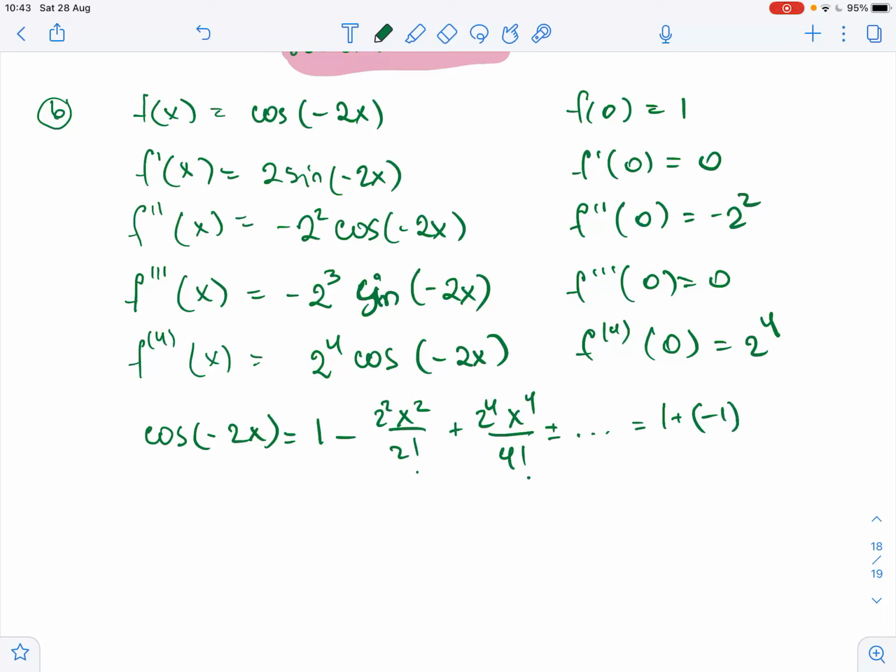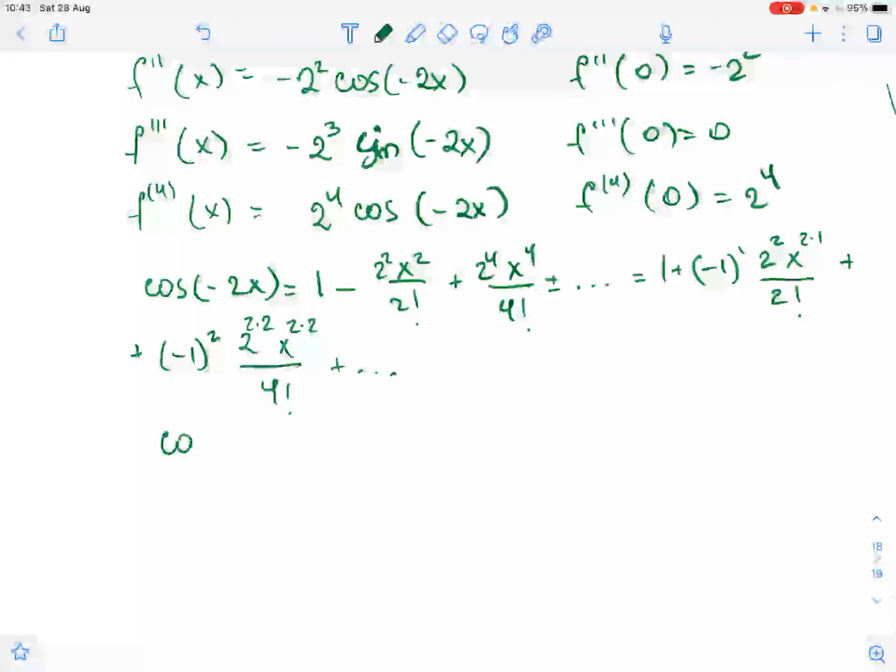So this equals 1 plus negative 1 to the power of 1 times 2 to the power of 2 times x to the power of 2 times 1 over 2 factorial plus negative 1 squared times 2 to the power of 2 times 2 times x to the power of 2 times 2 over 4 factorial, and so on.